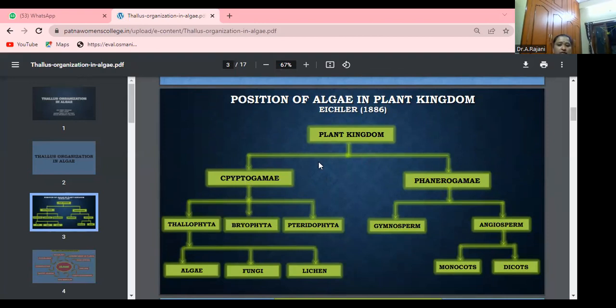The first part is called thallophyta, the second bryophyta, and the third pteridophyta.